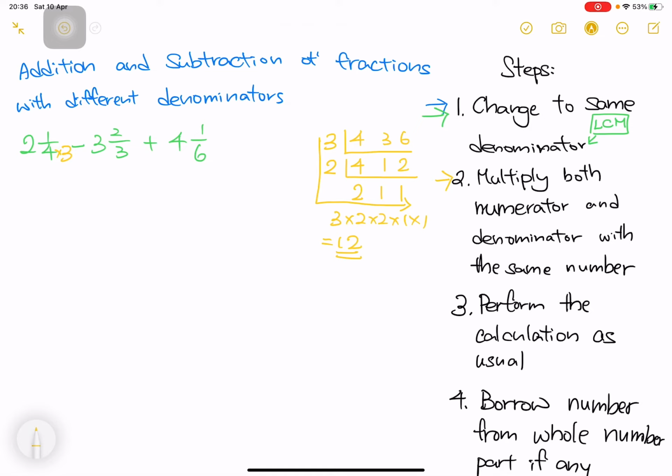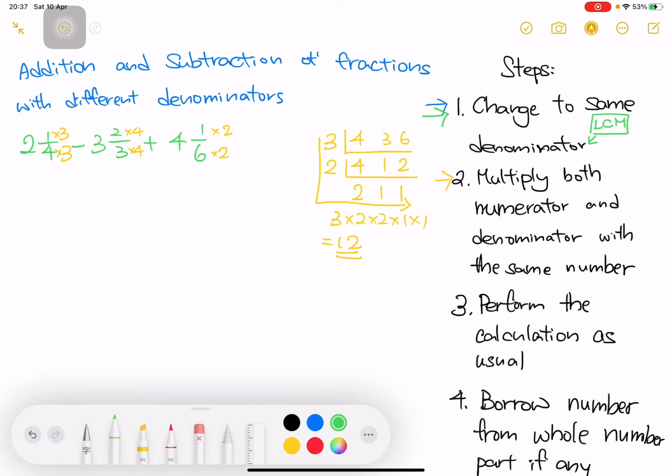Then if you times 3 in the denominator part, you have to times 3 in the numerator part as well. And for the whole number, you just keep it. No need to do anything to it. So there's 3, and then the second one, 3 times 4 becomes 12, so 2 has to times 4. 6 times 2 equals 12, so 1 has to times 2.